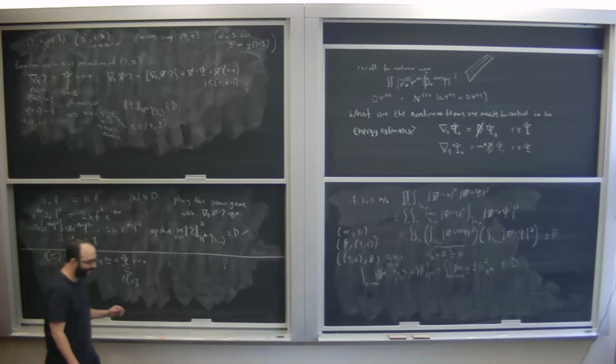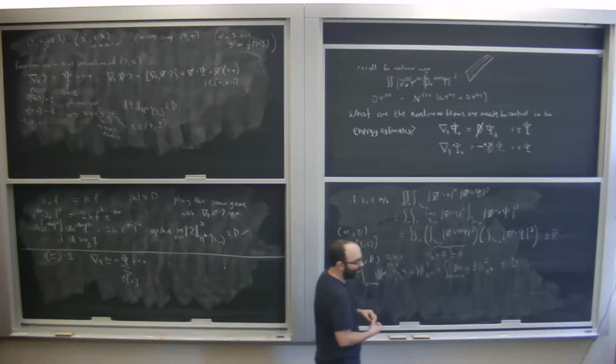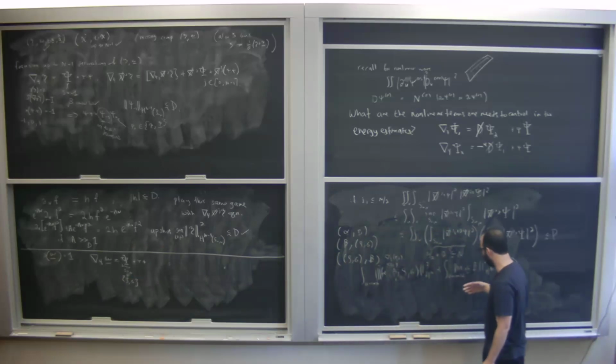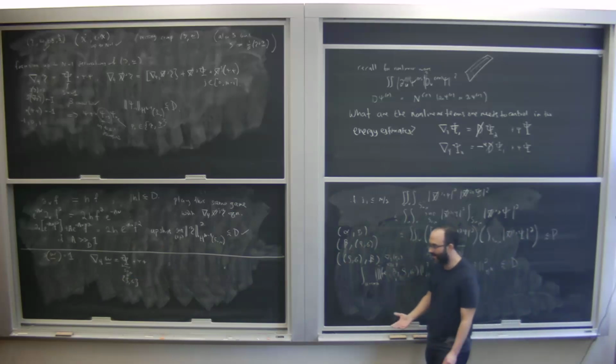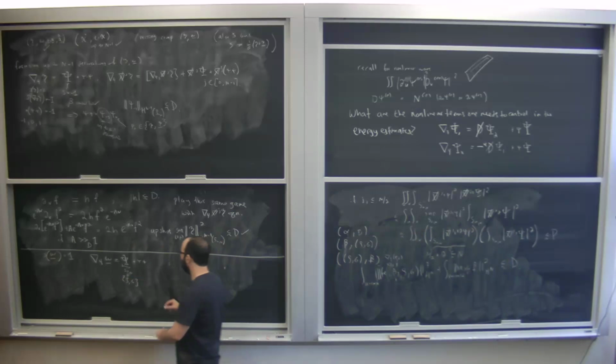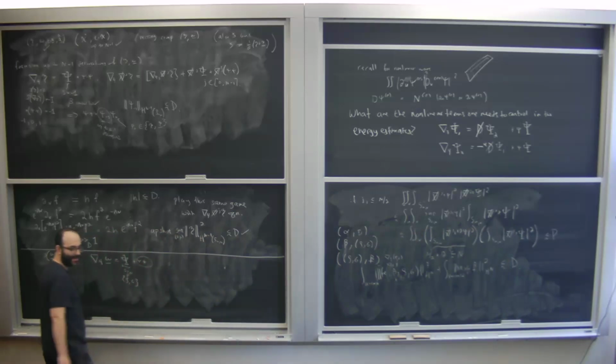But at any rate, we don't really care because this is nice. Rho and sigma are things that we already totally control. We control any flux of those. So that's good. And then you have to go to these other terms.